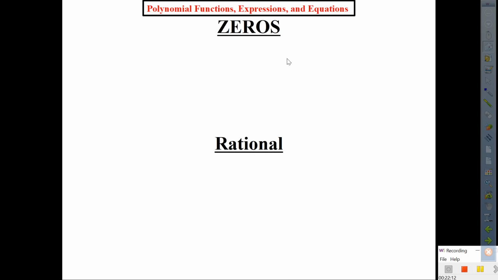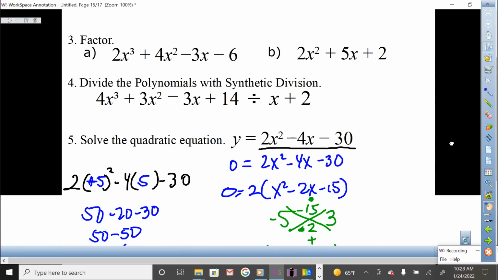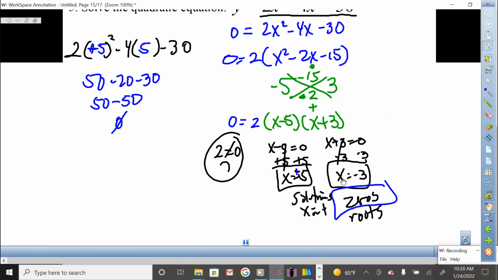Zeros. By now, do we know why we end up with zeros for quadratic equations? Tell your neighbor why they're called zeros when we come to solutions of quadratic equations. And let me go back to the warm-up. Talk it over with your neighbor, let them know why those are known as zeros.